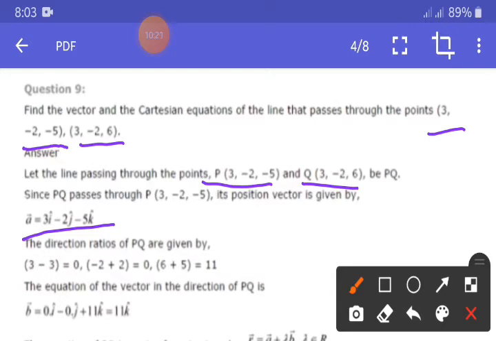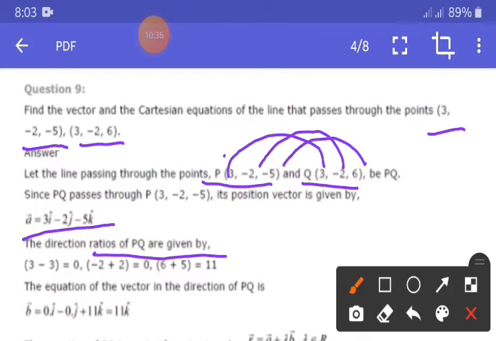The direction ratio of PQ is 3 minus 3, minus 2 minus of minus 2, 6 minus of minus 5.